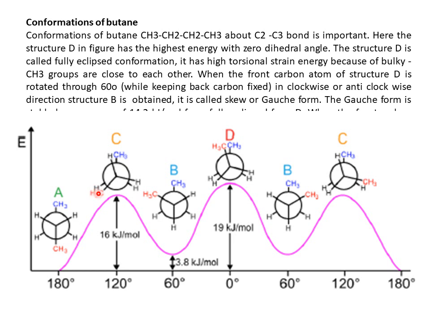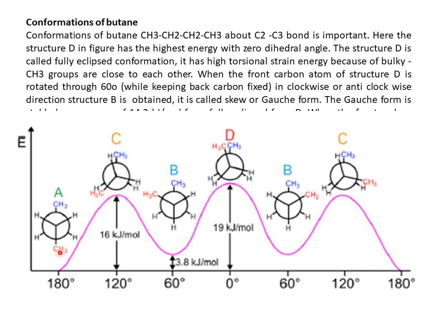This conformation is called the eclipsed conformation, whereas structure D is called the fully eclipsed conformation. The energy difference between the most stable conformation A and this conformation is about 16 kilojoules per mole.